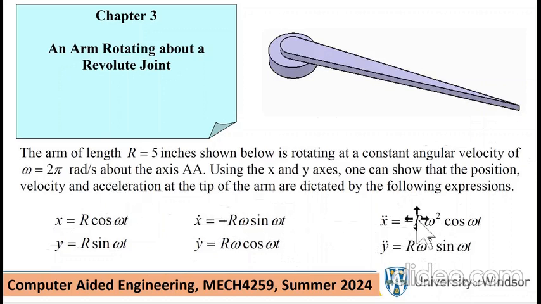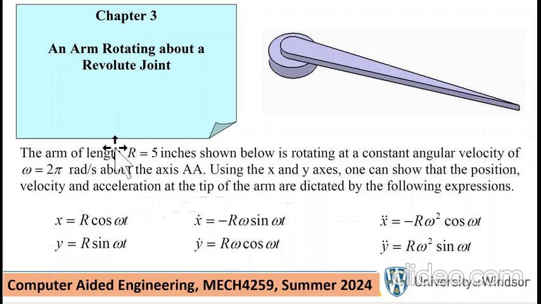Okay. Notice that the only thing that matters here is that length r. The shape of this could have been anything you want, except that this distance from the point of interest to the axis of rotation is what comes into the picture, and that's what we're going to call r.